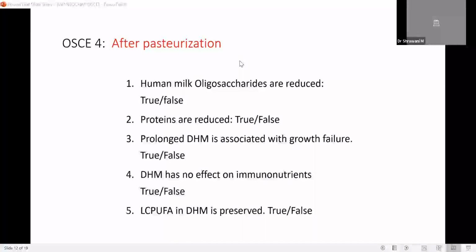You have written oligosaccharides, yes, and proteins, no. And any growth failure with prolonged pasteurization. Question number 3. Third is true. And DHM has no effect on immunonutrients.